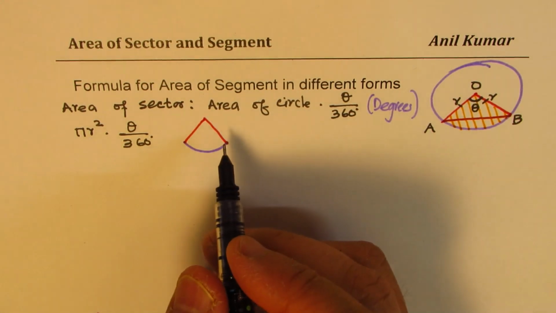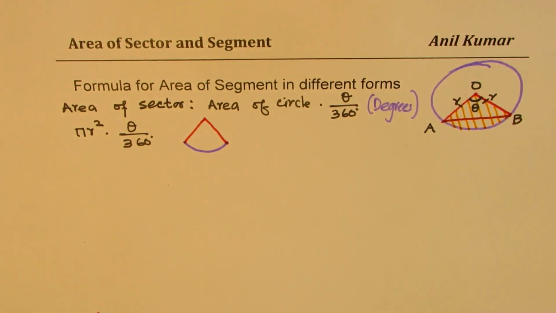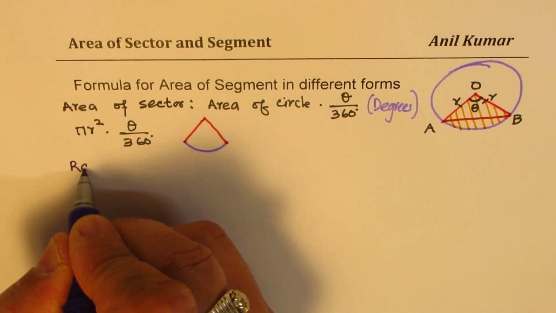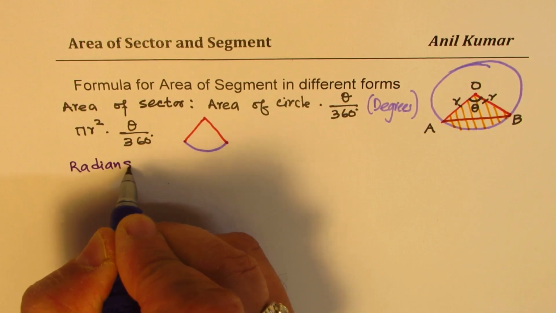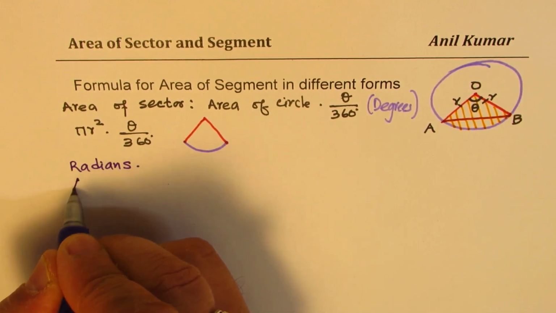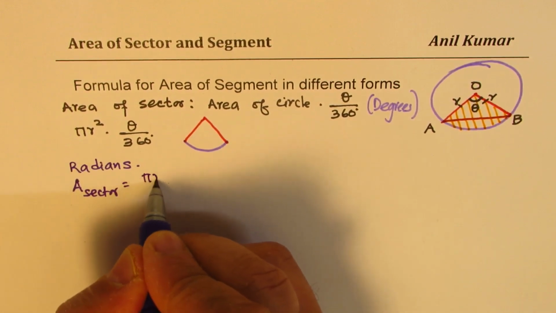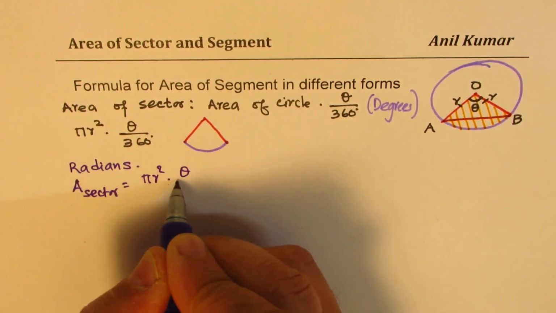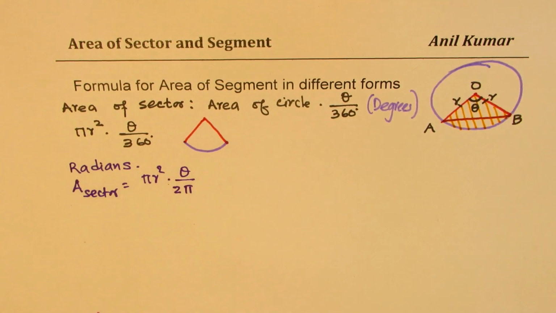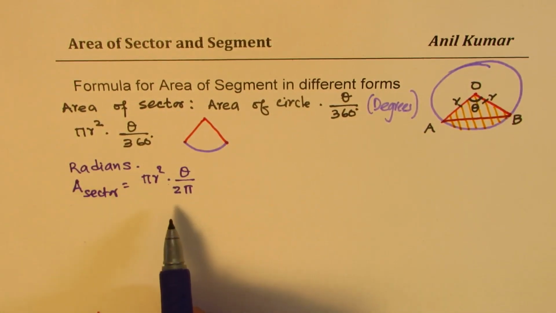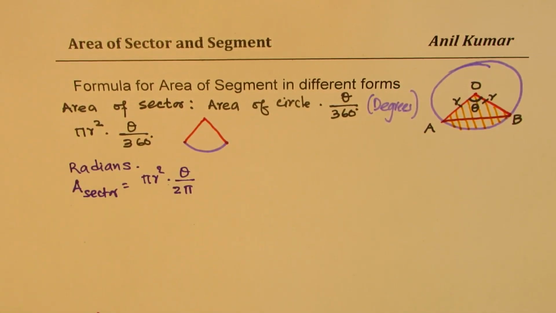Now the same thing, if we do it in radians, let's use a different ink for radians. So if I do it in radians, in that case, sector area, so let me write area of sector, will be pi r squared times theta over 2 pi. Now, in radians you will see pi and pi cancel, correct?